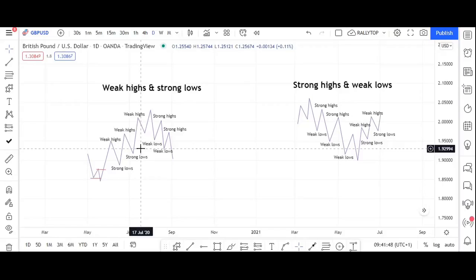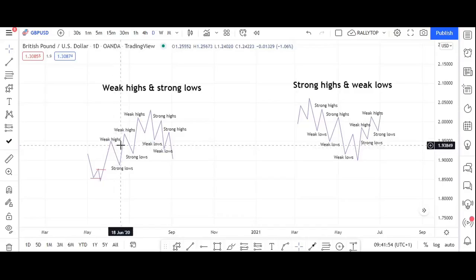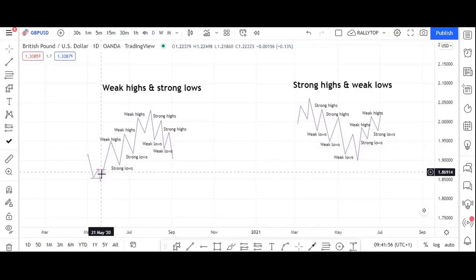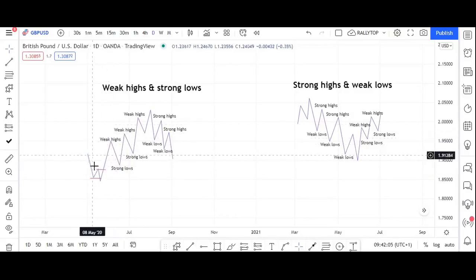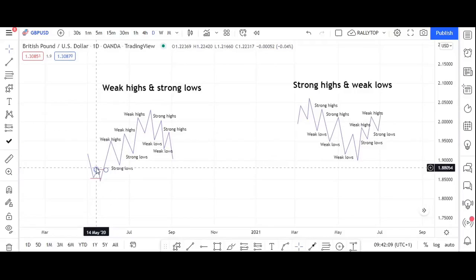Now, weak highs are highs that we expect price to raid or violate. As you can see, like I was explaining, price went up and took out this high here. Remember, price was coming down, so this high was previously a strong high.